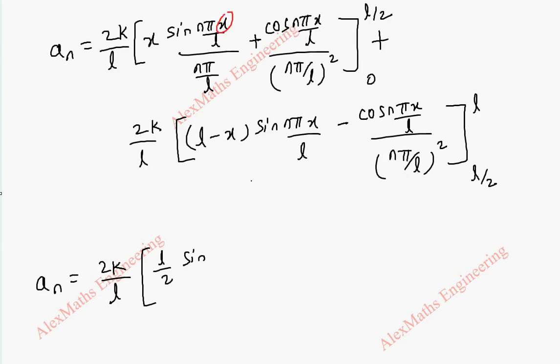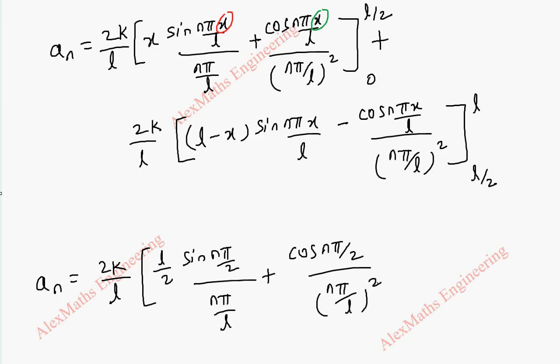So I get sin n pi by 2 by n pi by L plus, if I put L by 2 here, I get cos n pi by 2 by n pi by L whole square. When I put the lower limit, first part is 0 because there is an x and sin. Second part will become 1. So 1 by n pi by L whole square.